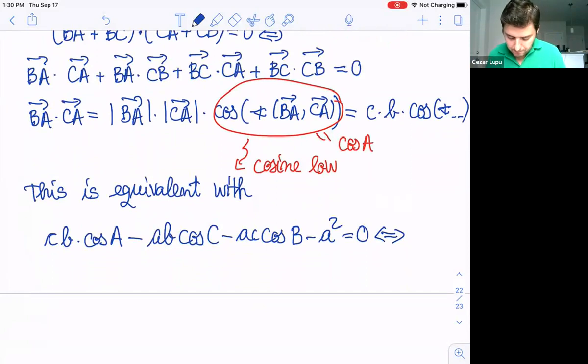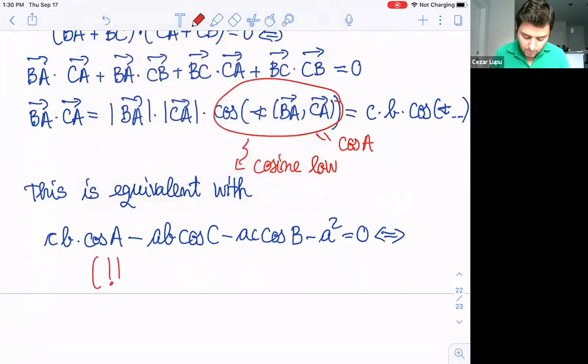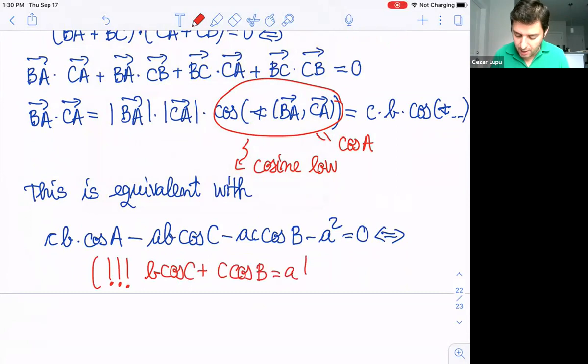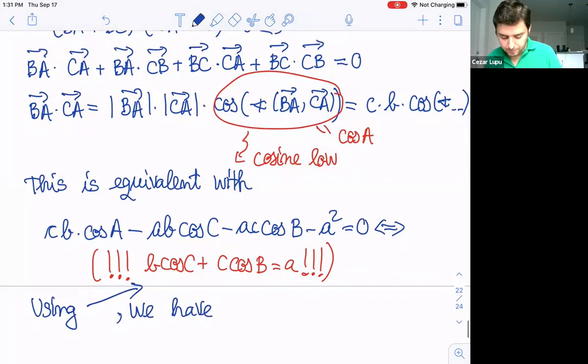So this will be, well, at some point there will be a trigonometric identity, which is important for you to use, which says the following: B cosine C plus C cosine B is A, and the analogs. So using this, we have, and now let's see.